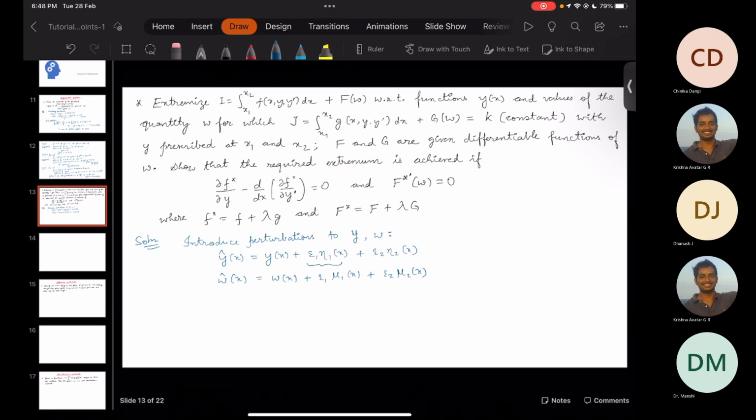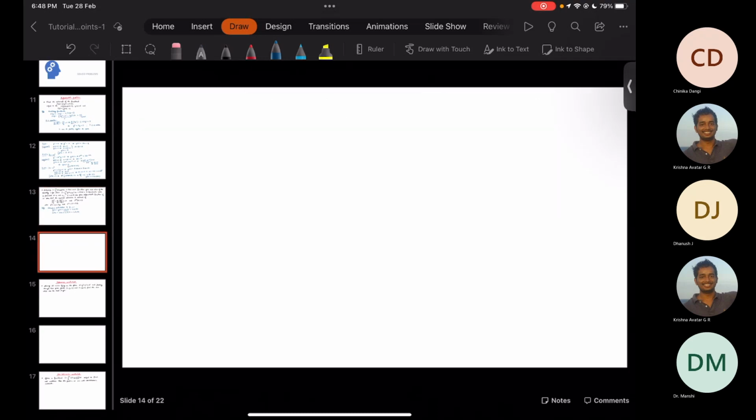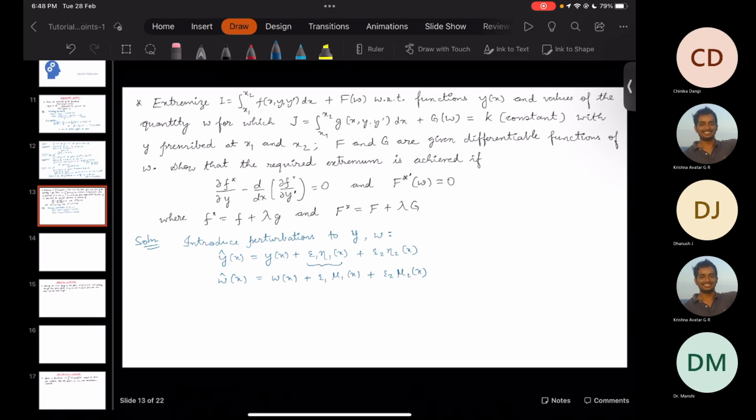Now let's construct our auxiliary functional.